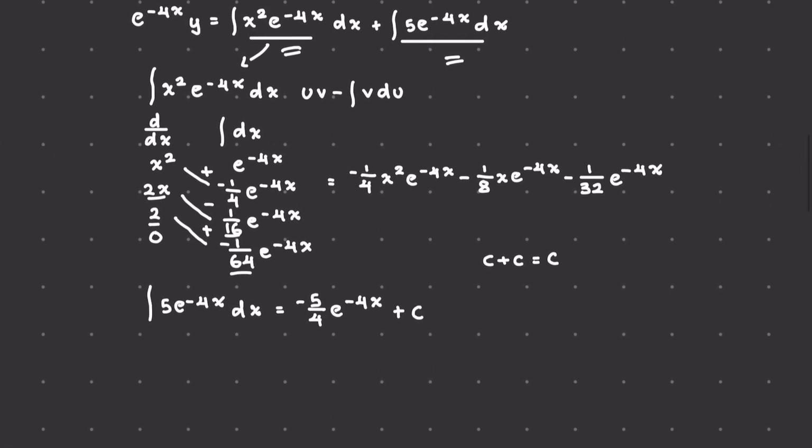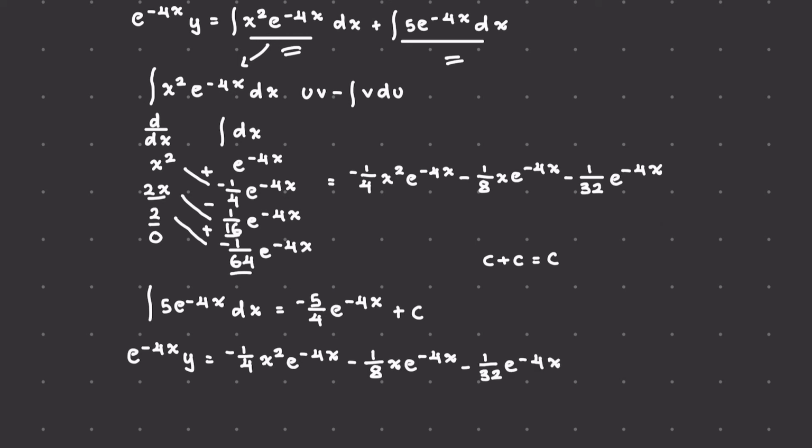So we know that we've got the integrations for both. So e to the power of negative 4x times y equals negative 1 over 4 x squared e to the negative 4x minus 1 over 8 x times e to the negative 4x minus 1 over 32 times e to the negative 4x.